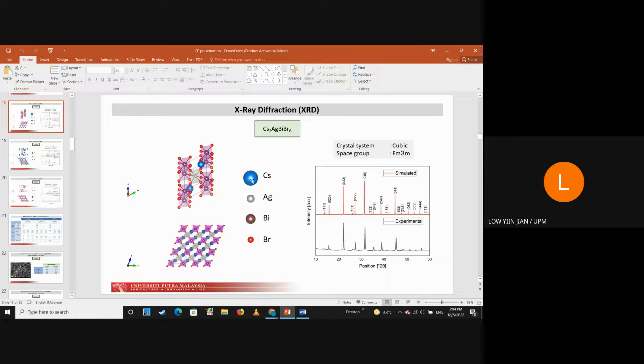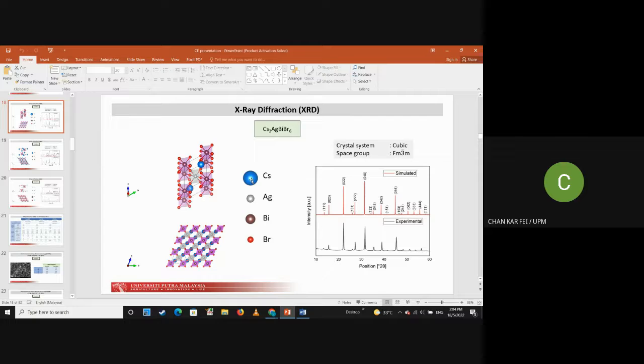So I expected that the thermal stability of my material will decrease as the MA substitution increases. So Chan Ka-Fai, did I answer your question?